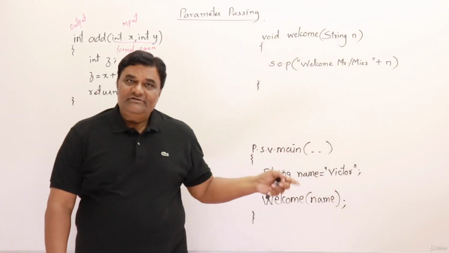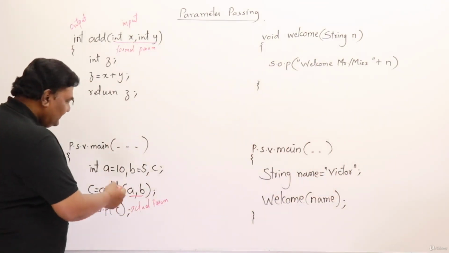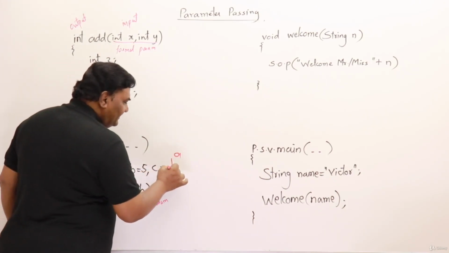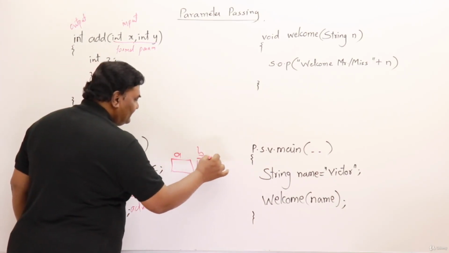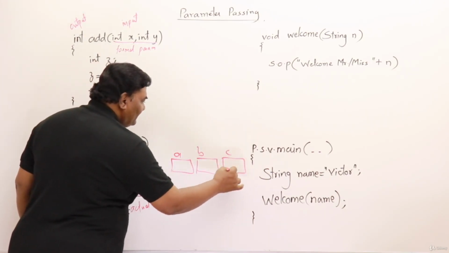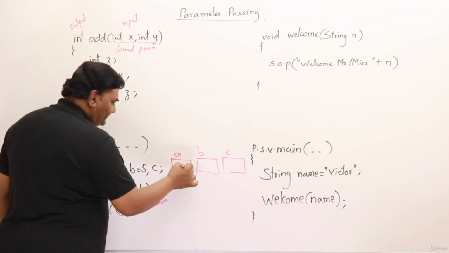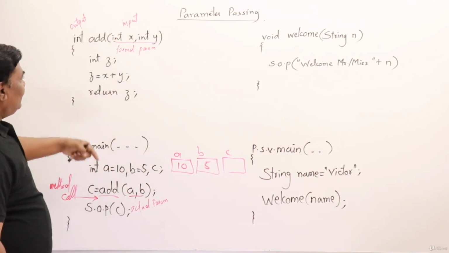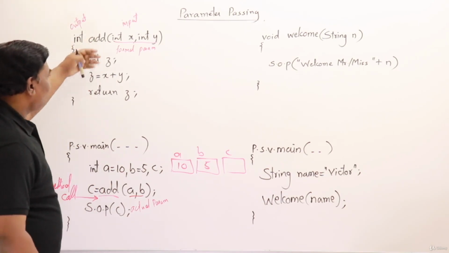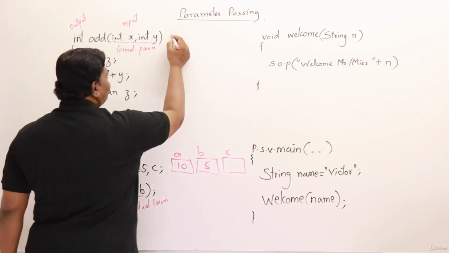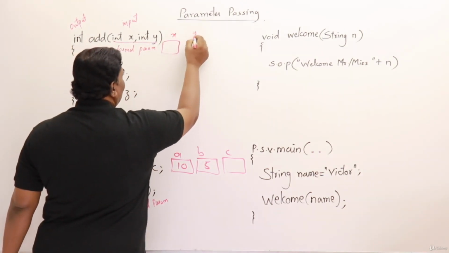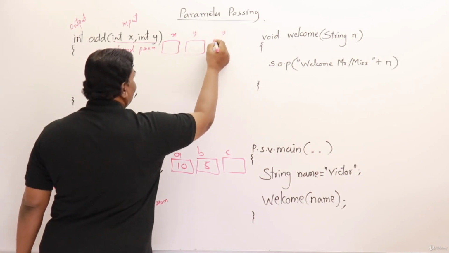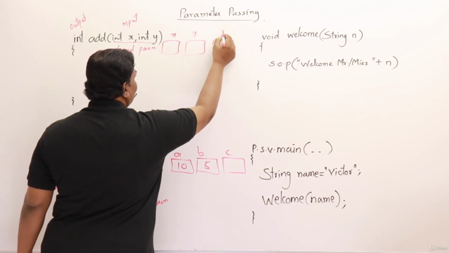So I will draw it diagrammatically and show you. There are three variables here, a, b and c.